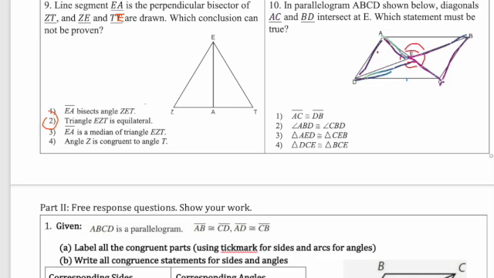Well, we know this angle is congruent to this angle for alternate interior angles, and we know this angle is congruent to this angle because of alternate interior angles. And because it's a parallelogram, we also know that this side is congruent to this side. So we have angle, side, angle here. So that is going to be your answer.